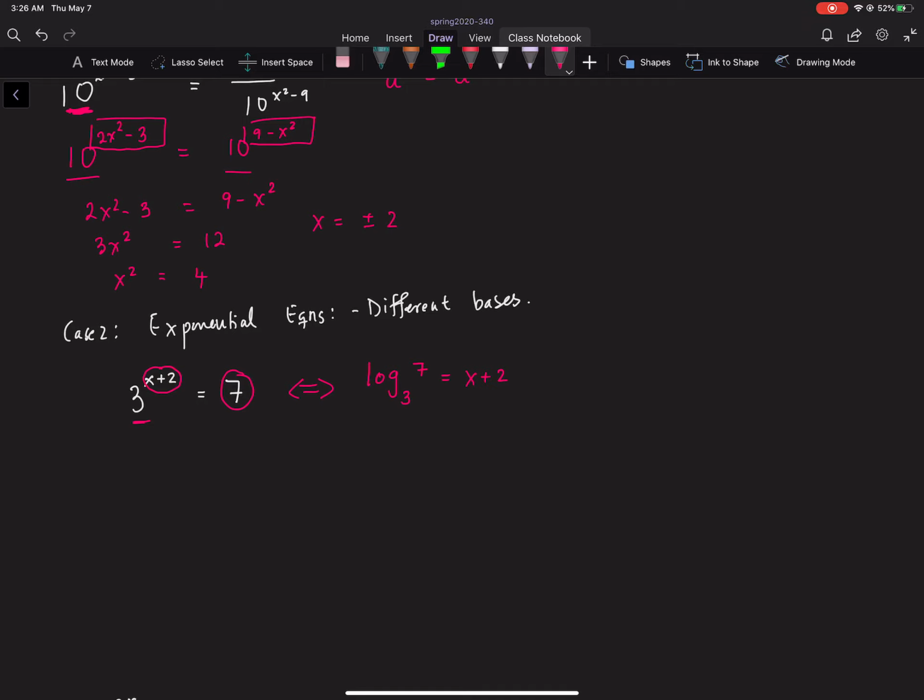All right, remember that every log returns back to you an exponent. So at this point, I can solve this. This gives me log base 3 of 7 minus 2 is equal to x. So that's one of the answers that we have by just switching it back to a logarithmic expression.